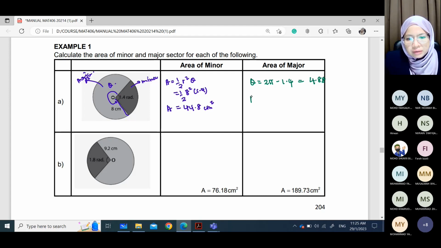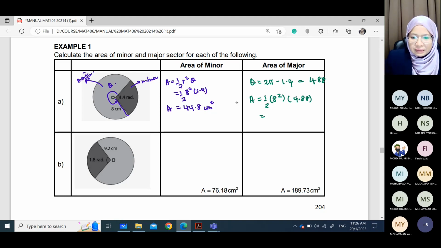Alright, so the area is equivalent with 1/2 multiply with 8 squared multiply with 4.88.